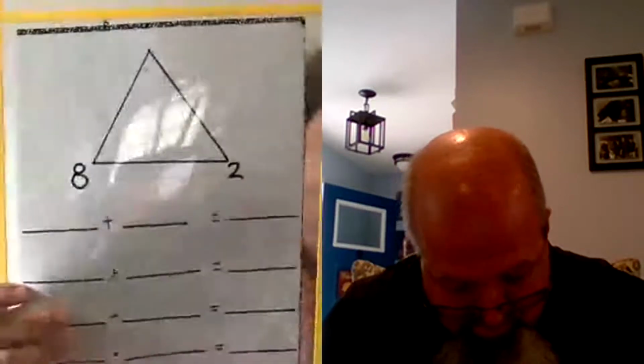Go ahead and do one more. Let's make it a little bit of a bigger number. Let's do this one. So we're going to do 8 and 2. So we're going to put 8 and 2 on the bottom part of our fact family.